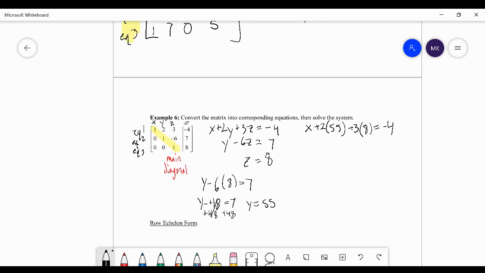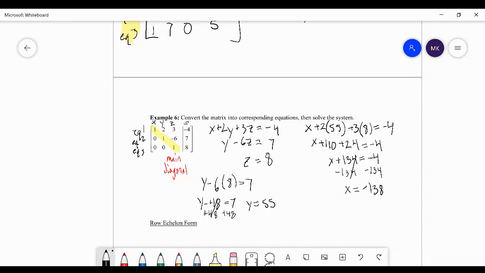So if we simplify these, we end up with x plus 110 plus 24 equals -4. So we get x plus 134 equals -4. Subtract 134. We get x equals -138.